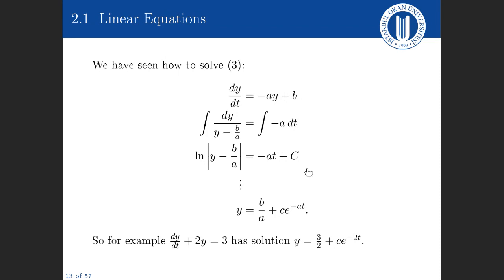After we integrate both sides and then rearrange, we end up with the solution y is equal to b over a plus some constant c e to the power minus at. So, for example, dy dt plus 2y is equal to 3 would have solution y is equal to 3 over 2 plus c e to the power minus 2t.